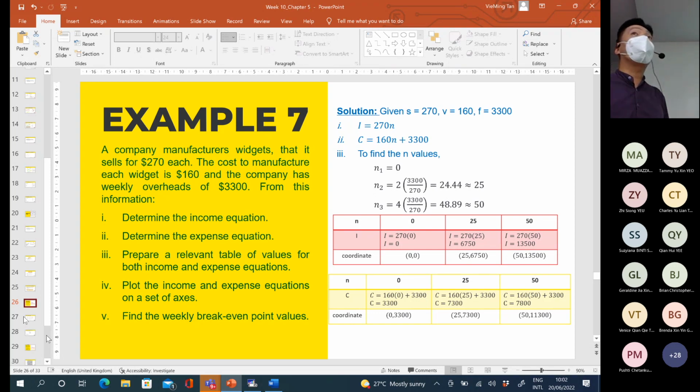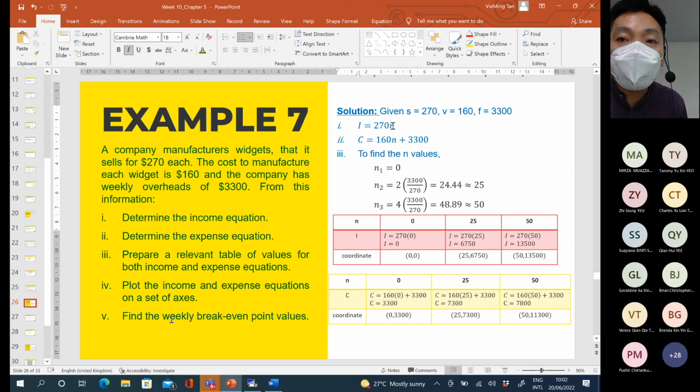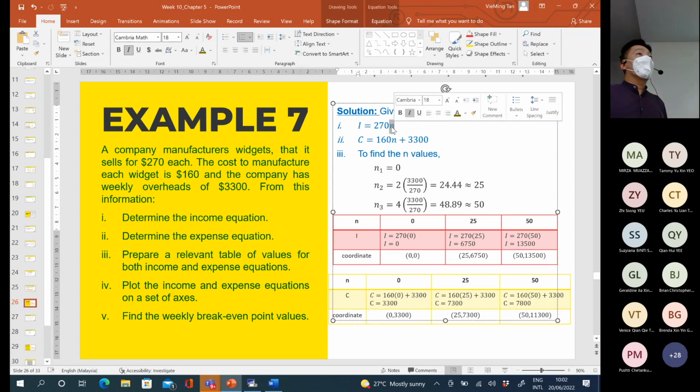The formula is the selling price per unit multiplied by quantity. The selling price per unit is 270. For quantity, we can simply use N to represent it. If you don't want to use N, you can use X also, which is acceptable.